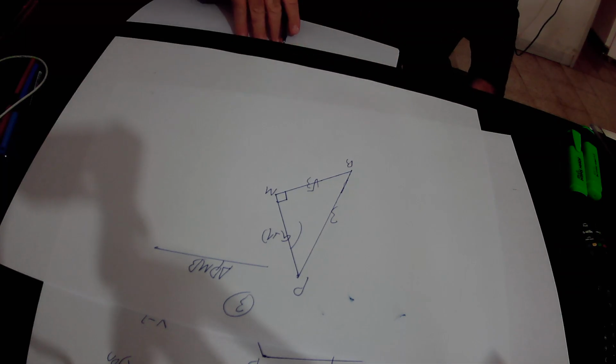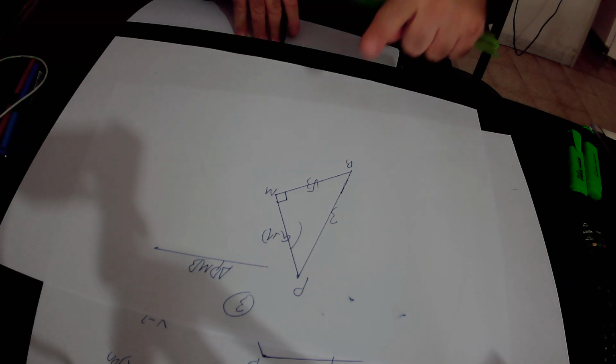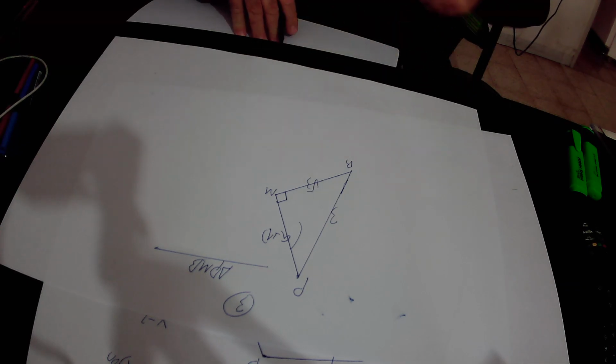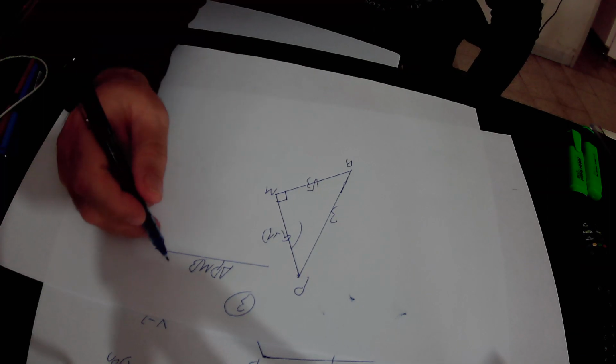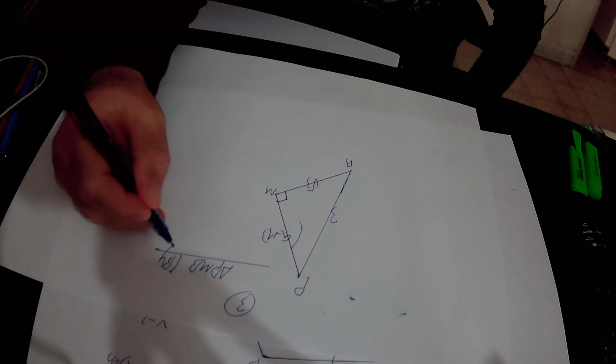So actually, this is the right triangle PBM that I copied from the original drawing. Here we will apply the Pythagoras theorem on this right triangle PBM in order to find the value of A. PT is an abbreviation for Pythagoras theorem.